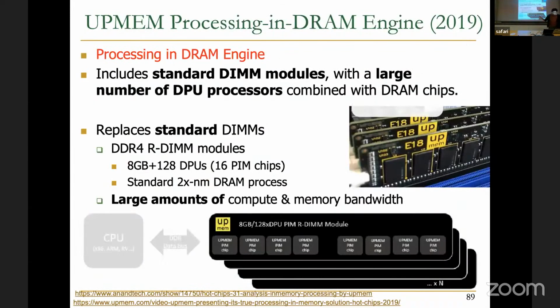And the first one to become commercially available is the UPMEM PIM system, a processing-in-DRAM engine that basically consists of DDR4 DIMMs with multiple chips, and inside the chips we have not only memory arrays but also small processors called DRAM processing units, or DPUs.